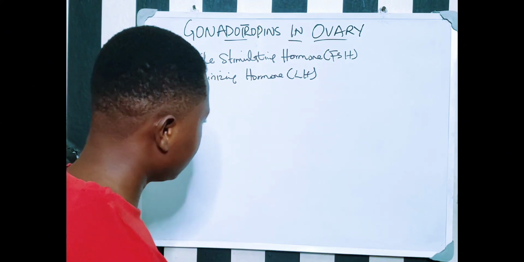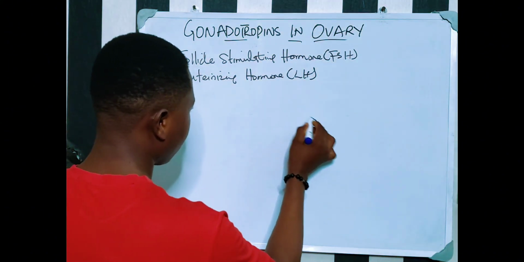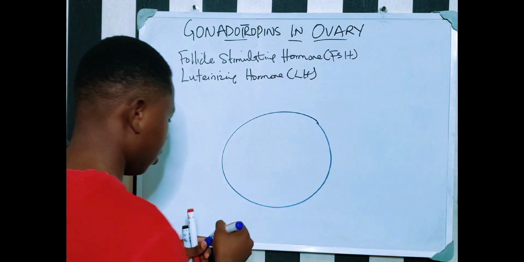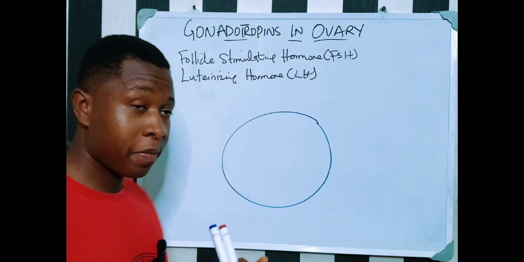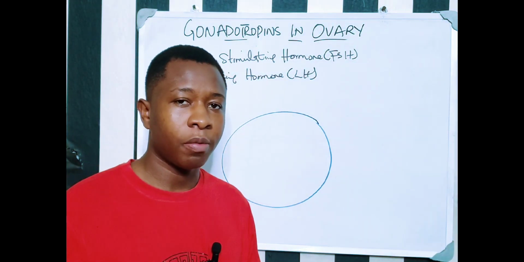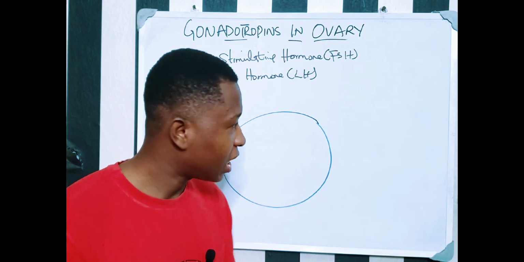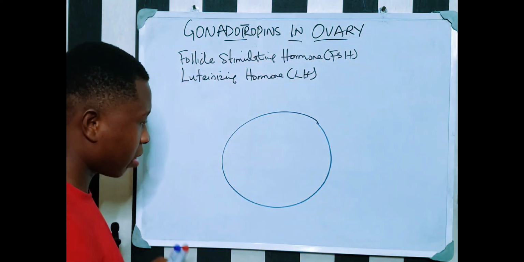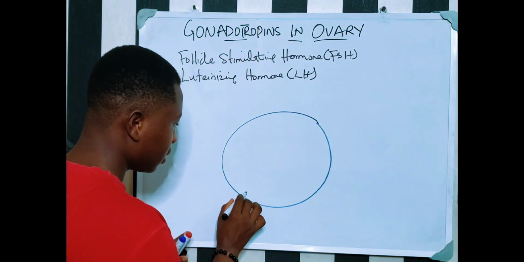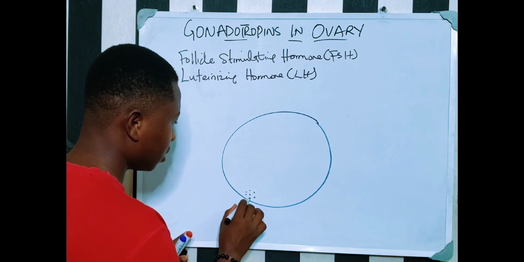So let's assume this is the ovary. Remember, production of egg begins from the synthesis of primordial oocytes, right? So these are the primordial oocytes.